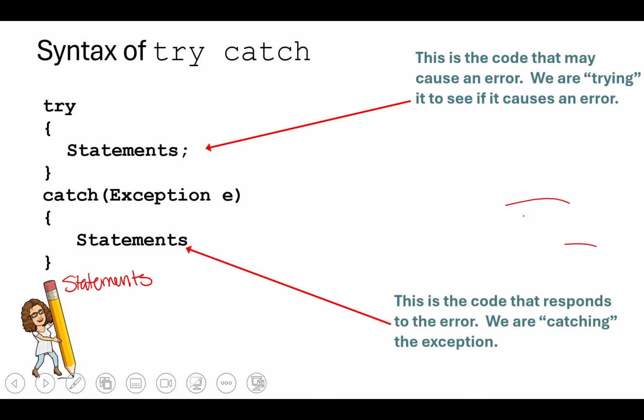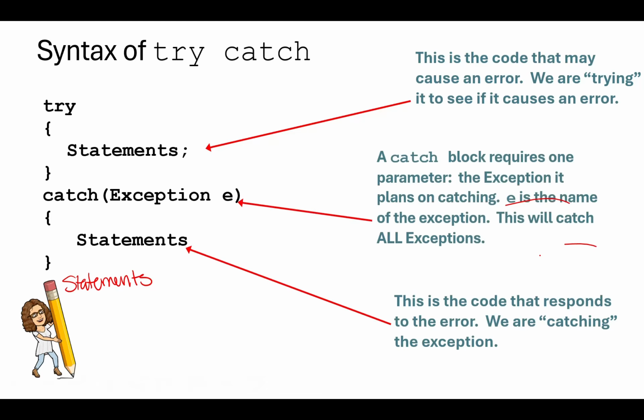The code inside the catch, the statements, is how we respond to the error. That's how we're catching the exception that we are finding. Usually it's probably a System.out.println saying an error has occurred or something like that. Inside the catch, there is a parameter, and it's the exception that it plans on catching. E is the name of the exception.